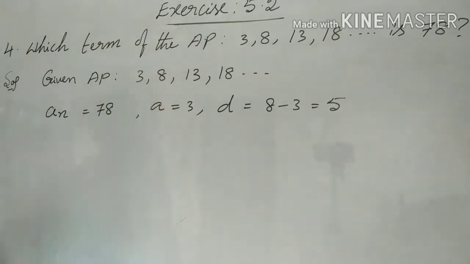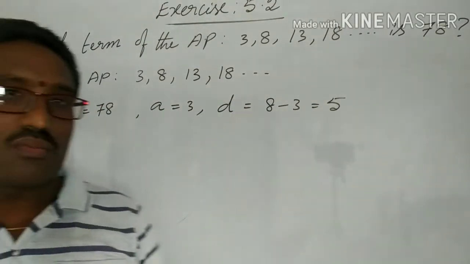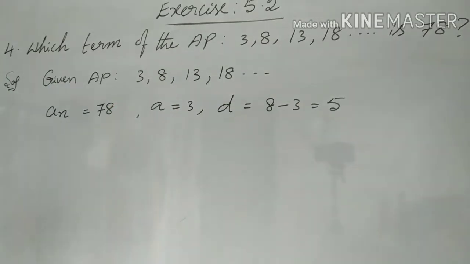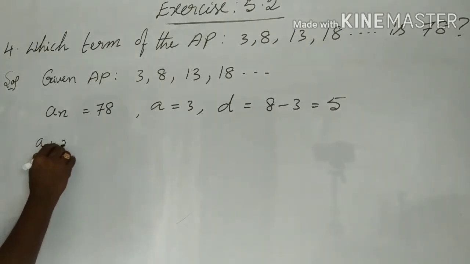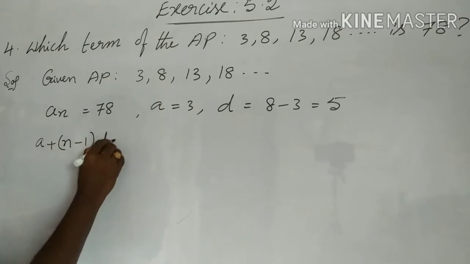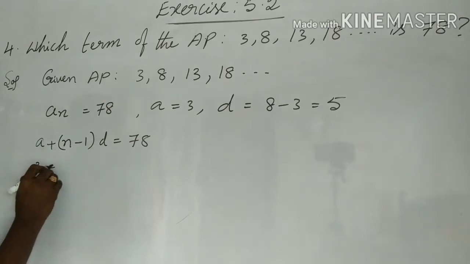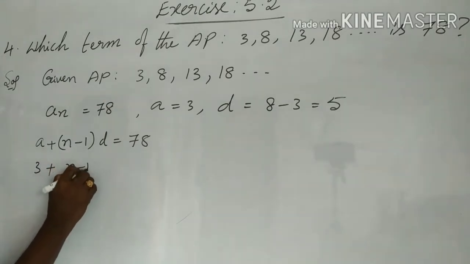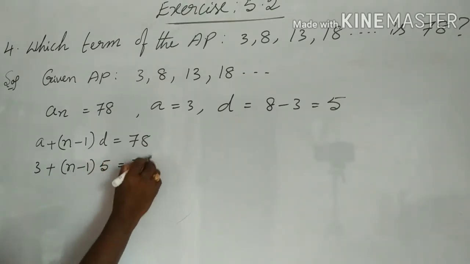Now the nth term is given as 78, and we don't know which term it is. So you can find the term. What is the nth term formula? a plus n minus 1 into d is equal to 78. a is 3, so 3 plus n minus 1 into d, which is 5, is equal to 78.